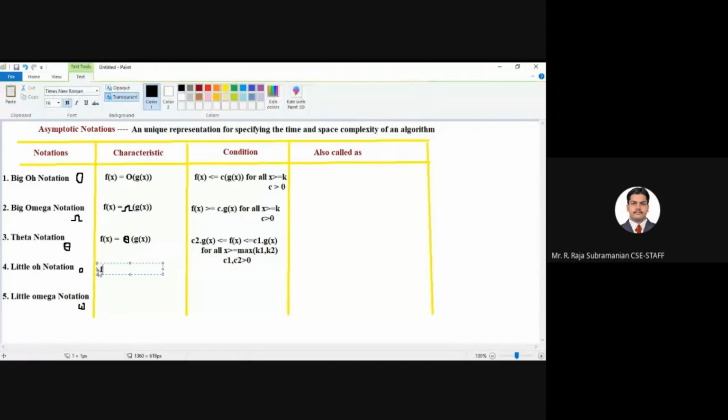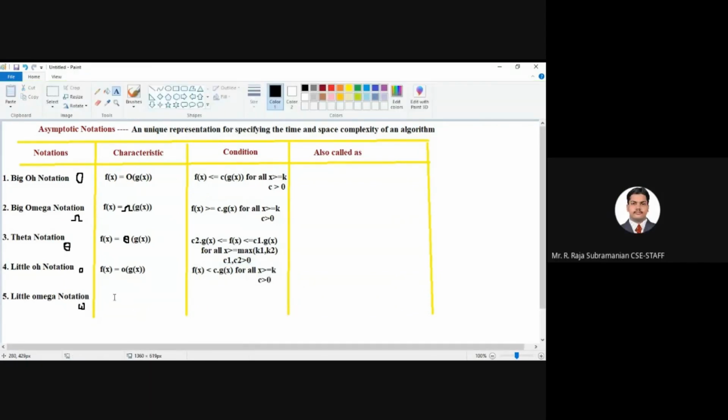f of x is equal to small o of g of x. What is the condition? f of x is less than c into g of x, for all x greater than or equal to k and c greater than 0.